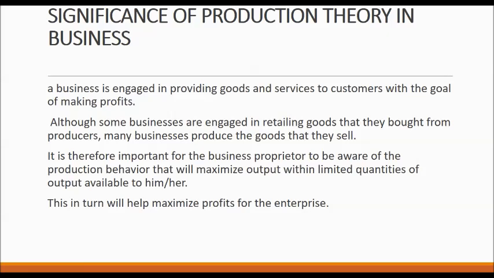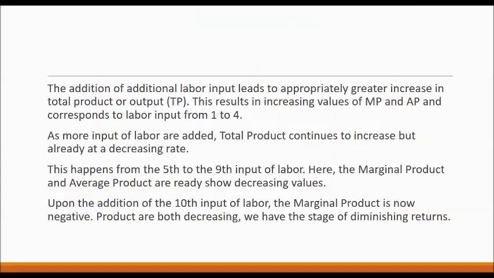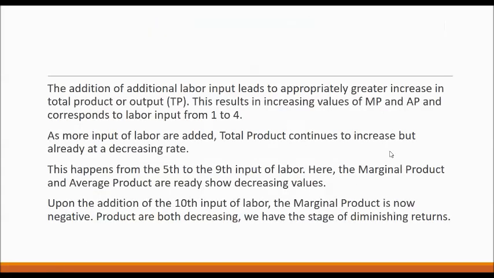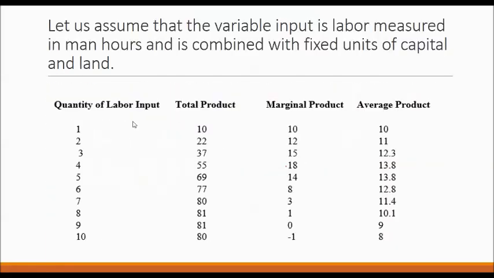So that's why we should base on the result of the marginal product and the average product, based on the capacity that the workers may produce. Okay, because as the quantity of labor input, there is a limit only.